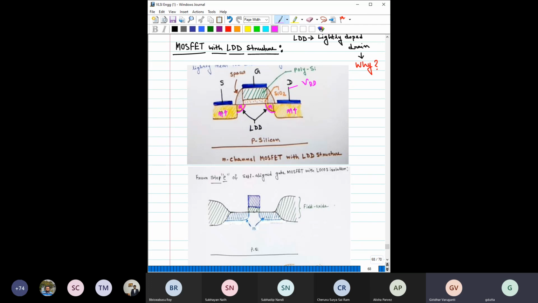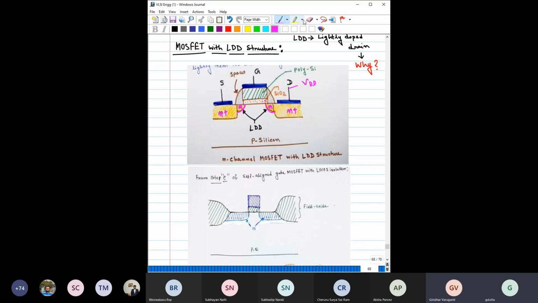Those hot electrons have so much energy that they can even penetrate this oxide and get trapped here or damage this oxide on the drain side. Okay, so to prevent that, what people have done is introduce a region which is lightly doped, beside this N plus drain region.